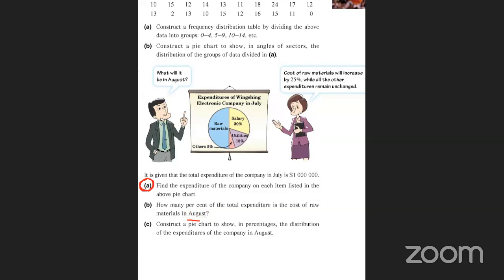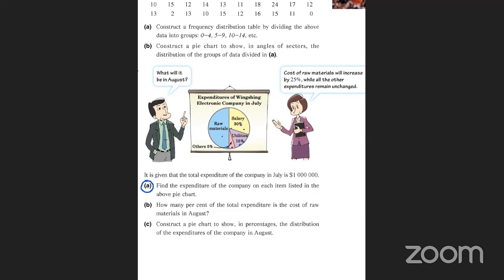For this one, if you don't understand part B and part C, at least do part A first. Get all the values for these four items. And then after you have got all the four values, I explain to you tomorrow because we still have a lesson tomorrow, right?